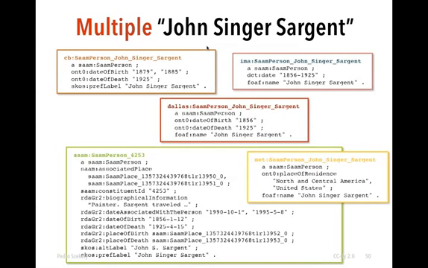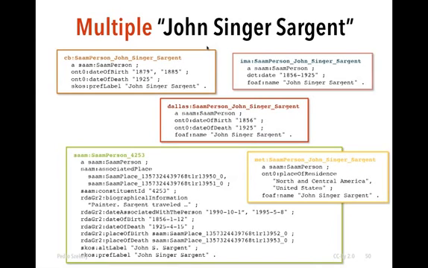If I go to Dallas, there's the URI for John Singer Sargent that comes from Dallas. If I look it up, it goes to the Dallas server and gets me the information that Dallas has about John Singer Sargent. And this is important because Dallas is going to have different artworks than SAM.